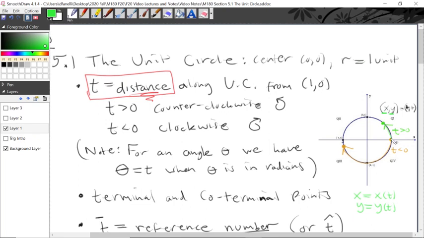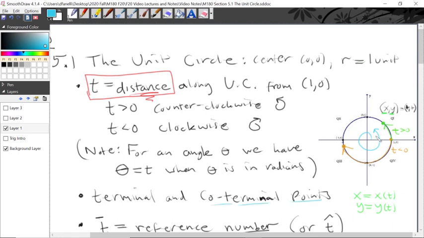And we see that eventually, if we choose a value of t that is large enough, let's say we were to go through an entire rotation and then back again, right? If we choose a value of t that is large enough, we can go through a full cycle and return back to the same point again. That would be what we refer to as a co-terminal point.